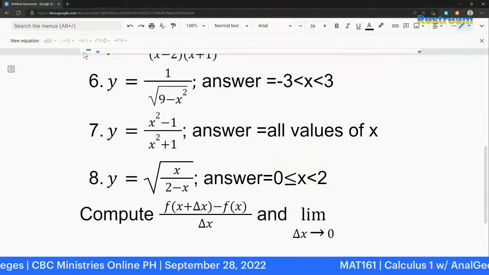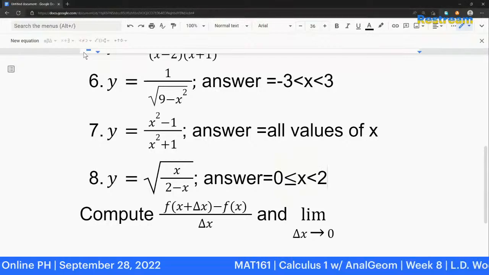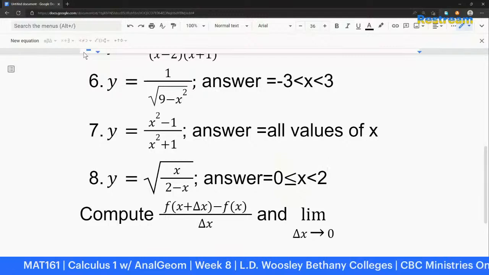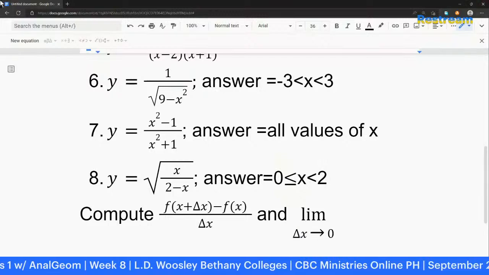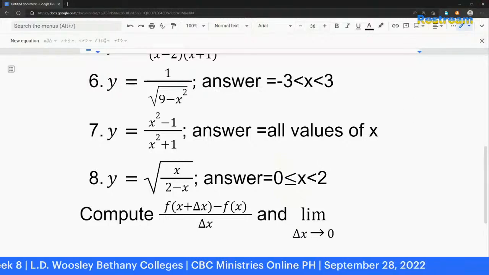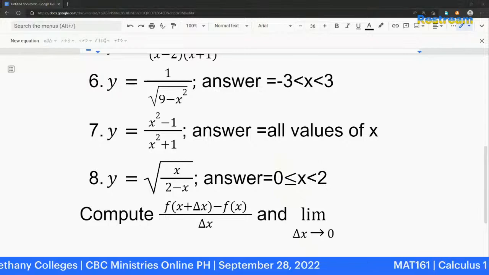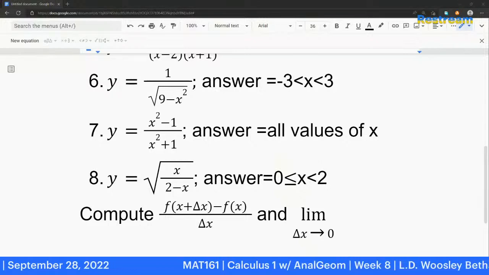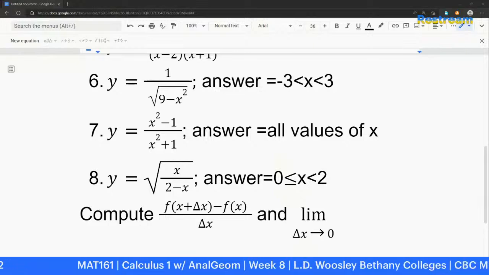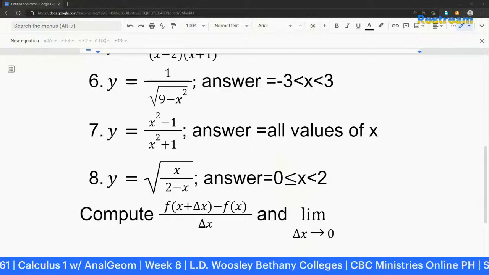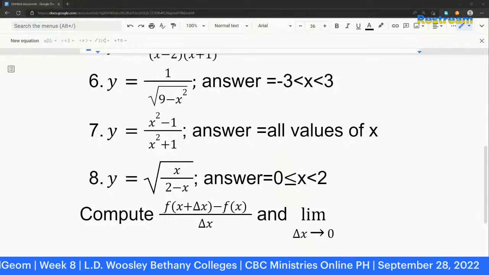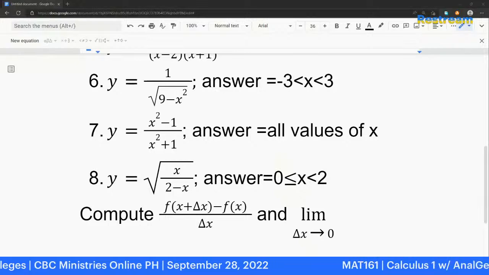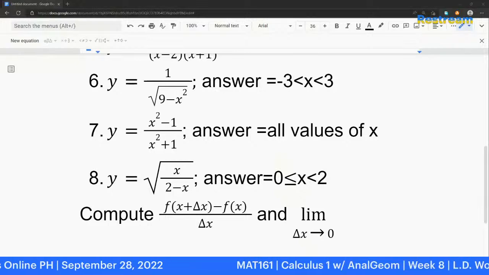Ayan, yun dapat yung sagot. Compare nyo na lang yung sagot. Medyo maliit yung chat box. Pag pinalaki ko ba to, lalaki yung ano? Ayun, medyo lumaki naman pala. Okay, tama. Correct si Gian.